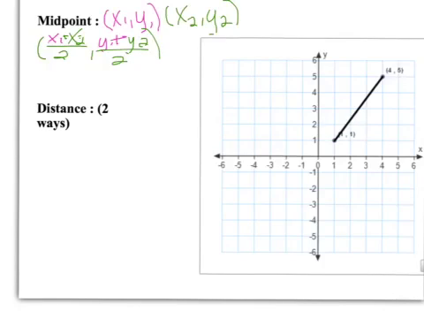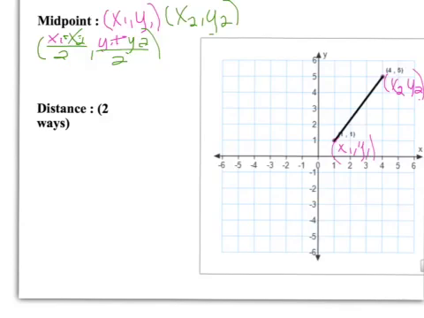So in the example we have here on the right, x1, y1 would be 1, 1, and x2, y2 would be 4, 5. It doesn't matter which one you label as x1, y1, or x2, y2, but one of them is the first set of points and one of them is the second.